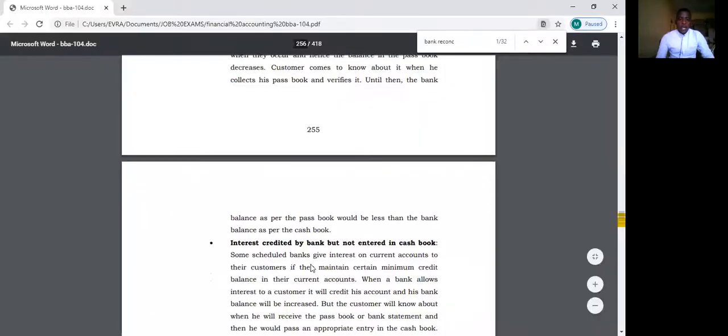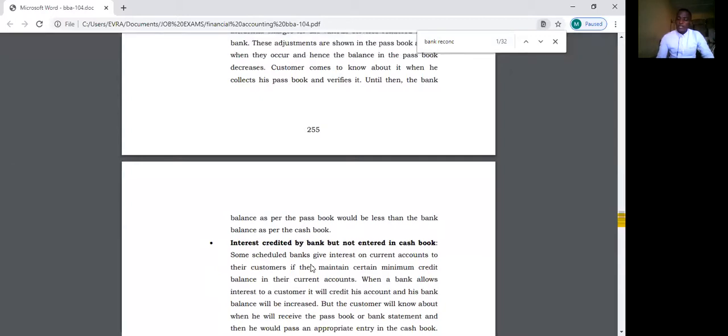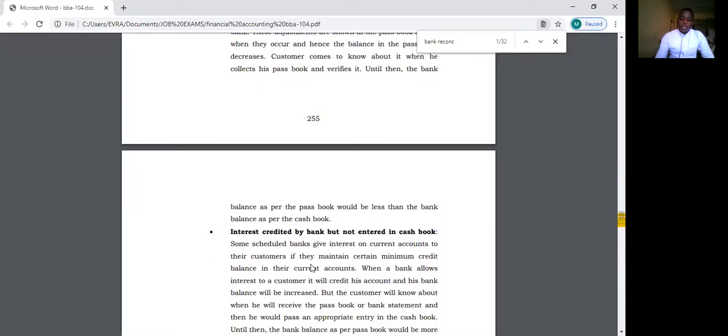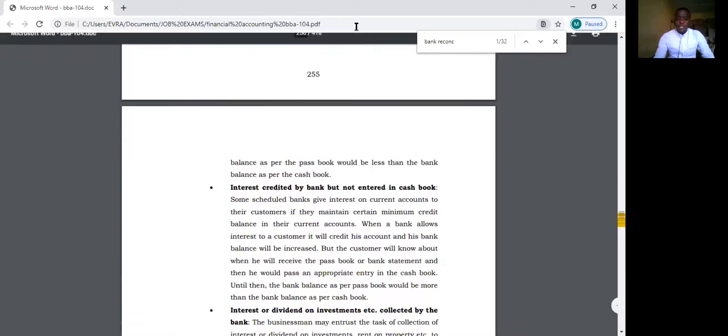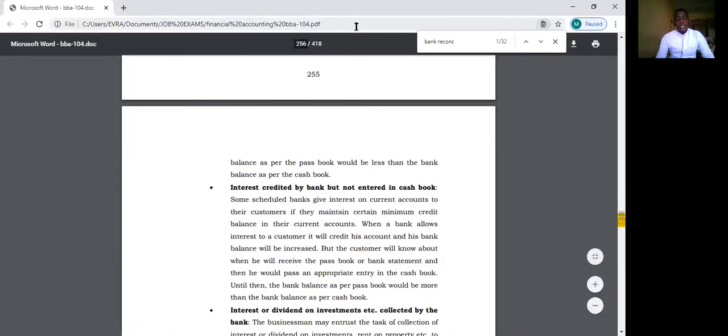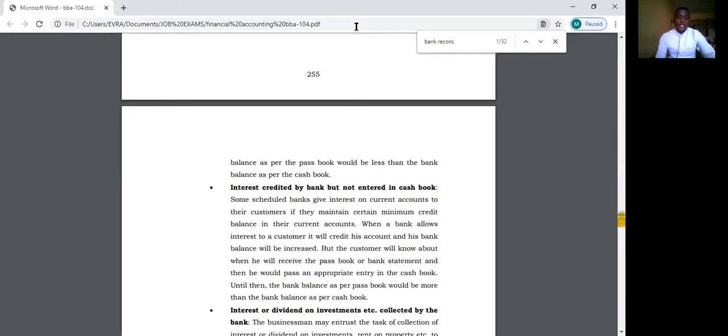It is an interest credited by the bank but not yet entered in the cash book. When it comes to this point, this is an interest credited by the bank.